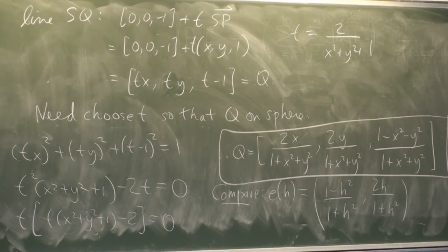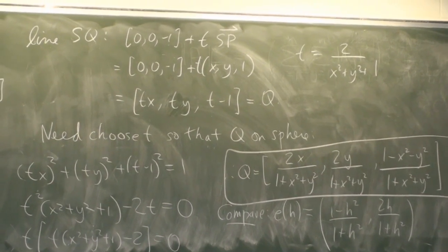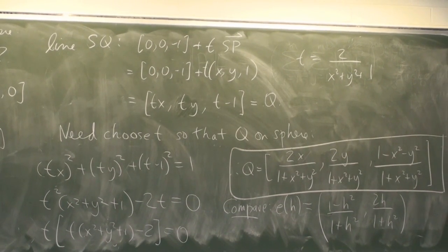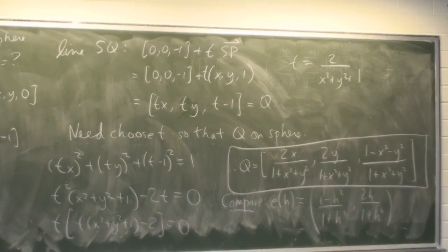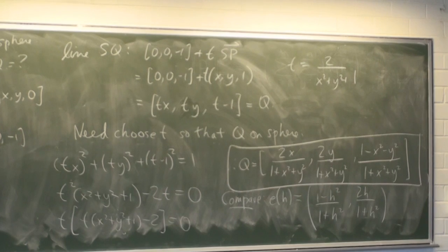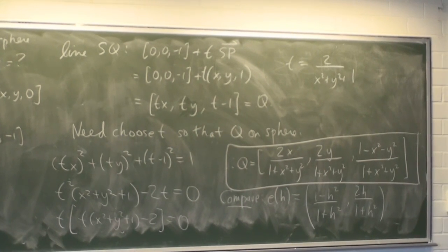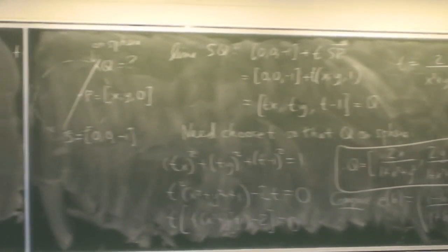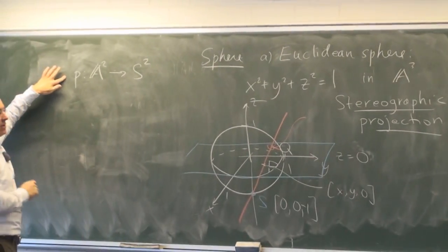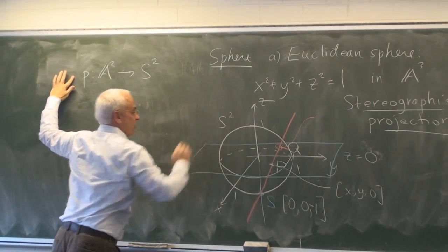Now this stereographic projection has a number of interesting properties if we think of it as a mapping from the plane to the sphere. So let's maybe draw or write something down. So let's say that P is a mapping from the plane, which is A2, to our sphere, which is S2. That's our name for the sphere. It's a two-dimensional sphere.